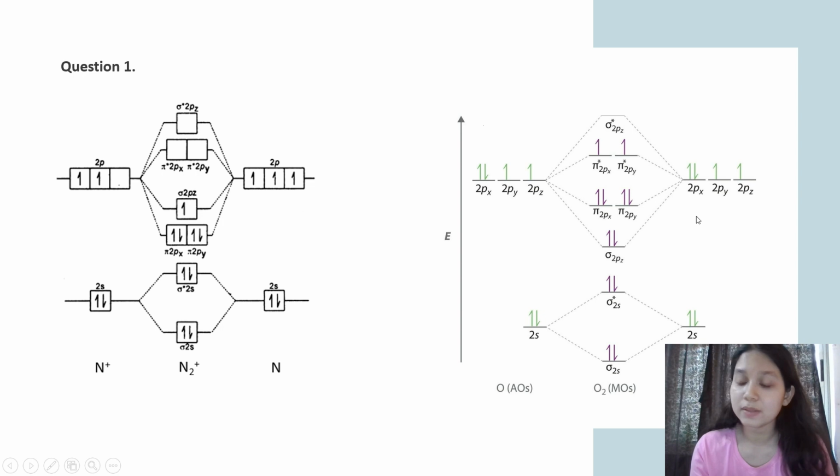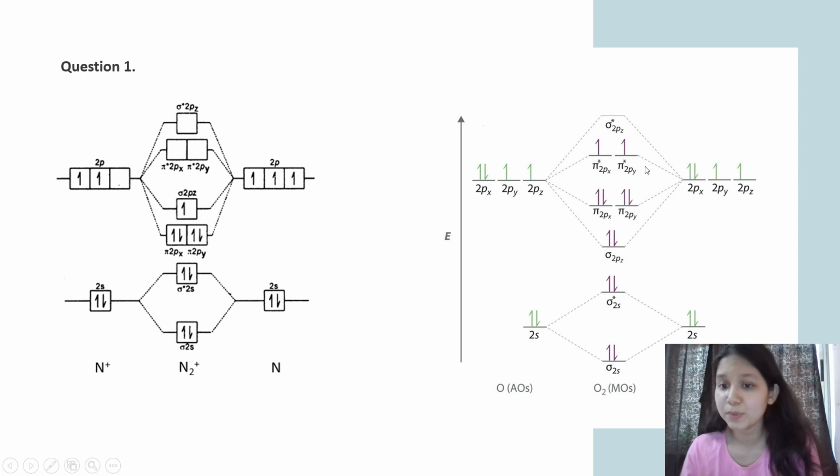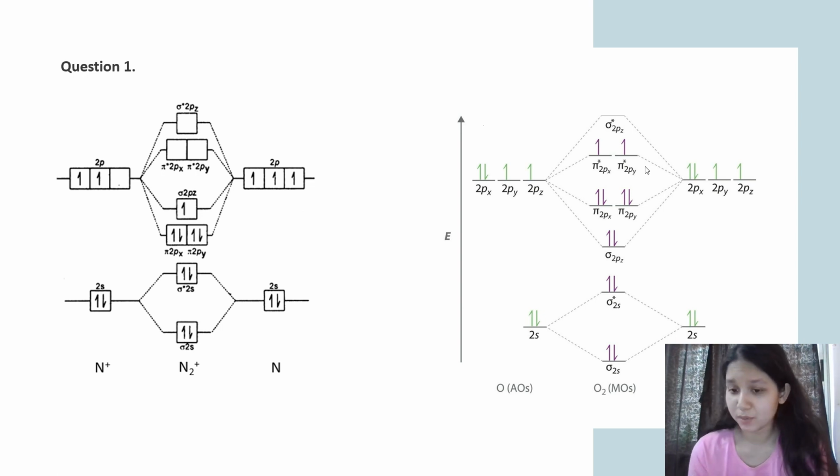For example, for O2 plus, 1 electron from the pi star orbital will leave, and for O2 minus, 1 new electron will enter either the pi 2px star or pi 2py star. Thus O2 plus has 15 electrons, and O2 minus, with 1 extra electron, has 17 electrons.